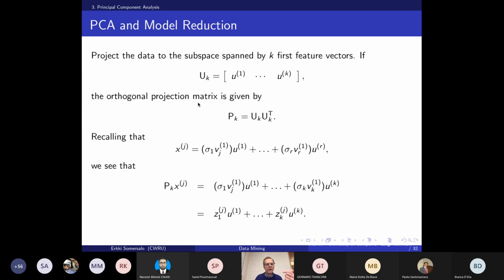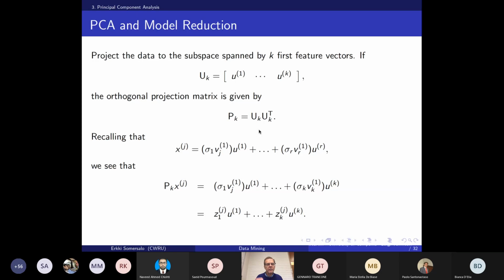Now, from my lecture of yesterday, when I was talking about the linear algebraic background, you saw what the orthogonal projection matrix looks like when you have orthogonal bases. And so these u vectors are orthogonal. So now I'm projecting on the k first feature vectors, and so the projector is UK times UK transpose. So this is the projection matrix.